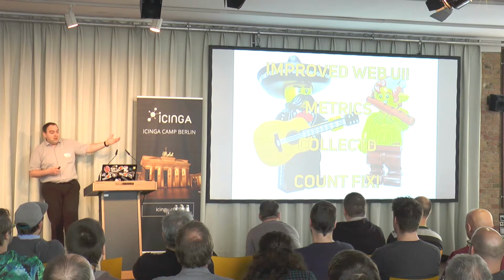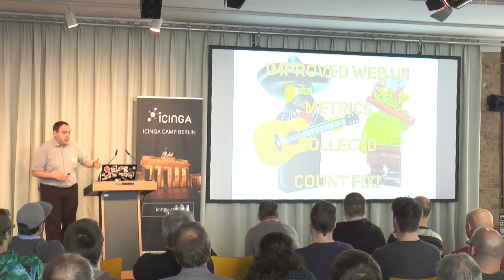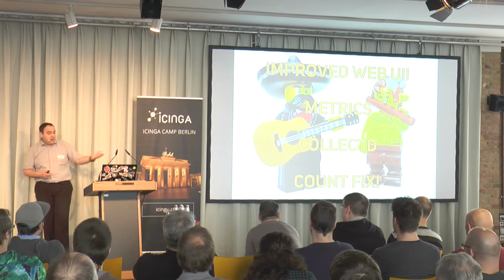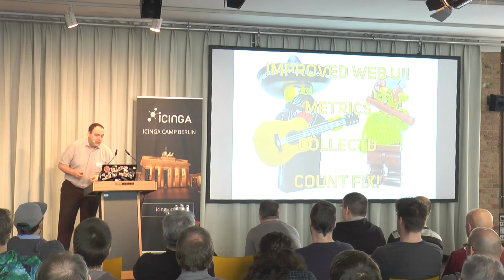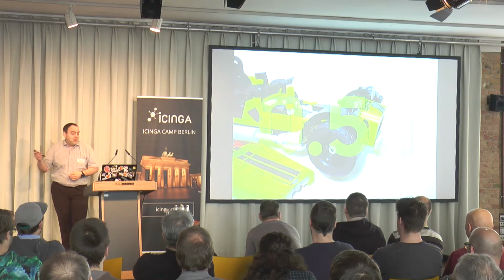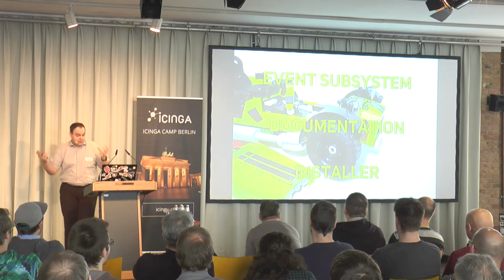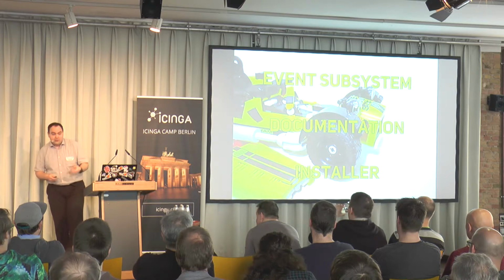That is the 0.5.0 version, where we got a fancy new web UI. We also got metrics, collectd support, and we fixed count. So if you're using an older version, don't use count because it doesn't work. Then we have 0.5.1, where we had a brand new event subsystem. We wrote some documentation and fixed the installer so it actually works, so you can customize it.